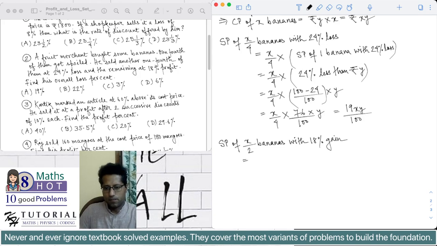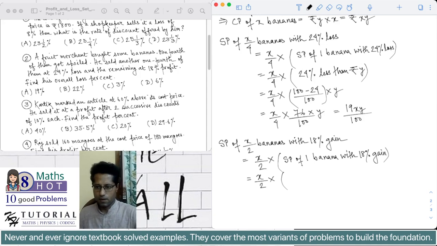is equal to the number of bananas, x by 2, multiplied by the selling price of one banana with 18% gain. This is equal to x by 2 multiplied by the selling price of one banana with 18% gain, where we know the cost price of one banana is rupees y.